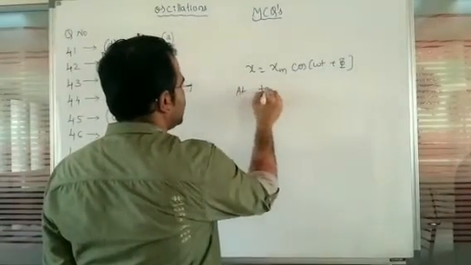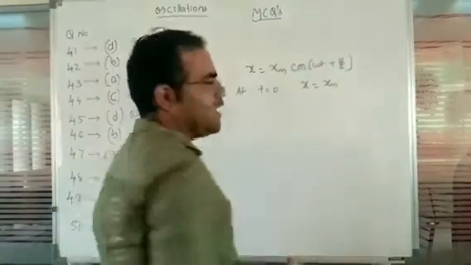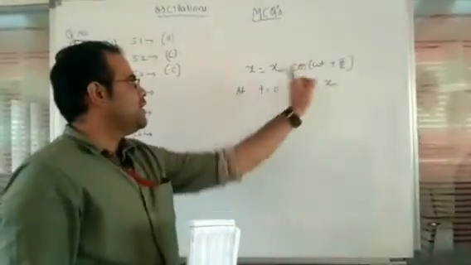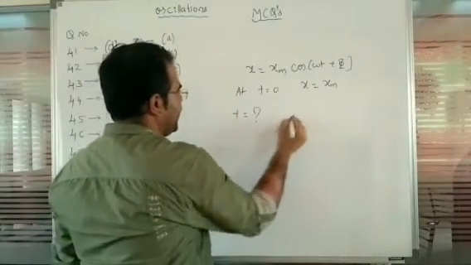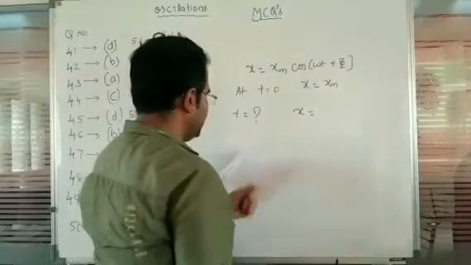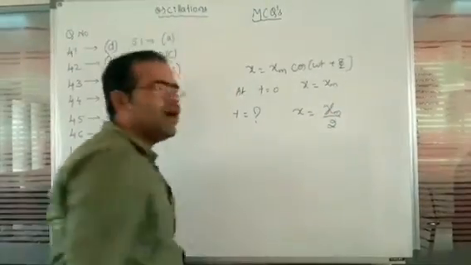At t is equal to 0, we have x is equal to xm. If the time period is T, what is the time taken to reach x is equal to xm divided by 2? So we have to identify the time.